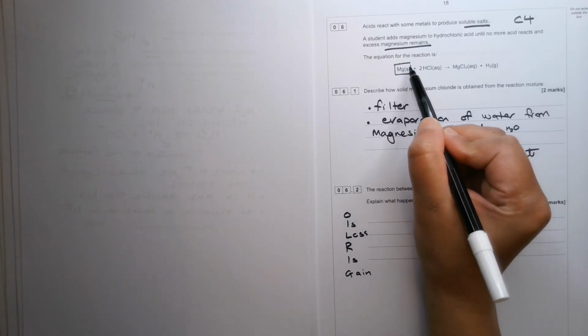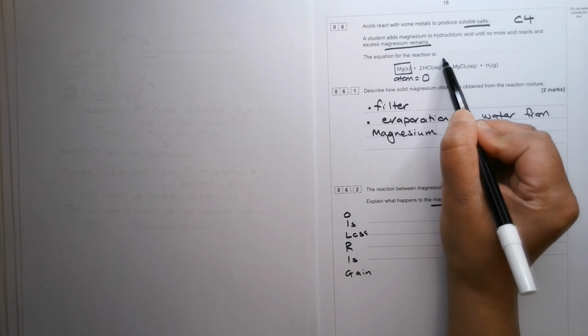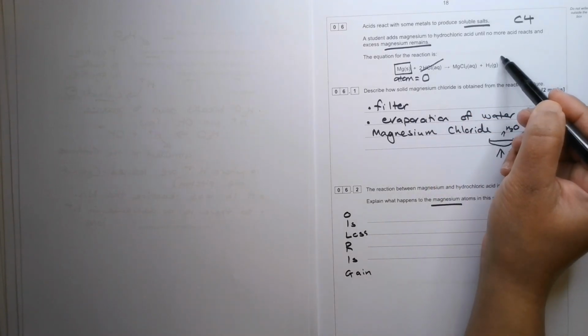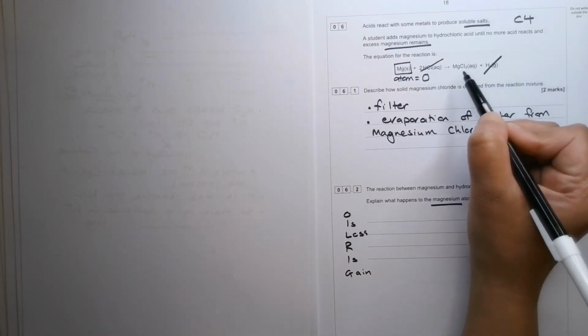So the question is saying just focus on magnesium atoms. So here's magnesium. Okay, it's on its own, it's an atom. There's no charge, 0 charge. Ignore that, there's no Mg there. Ignore that, there's no Mg there.